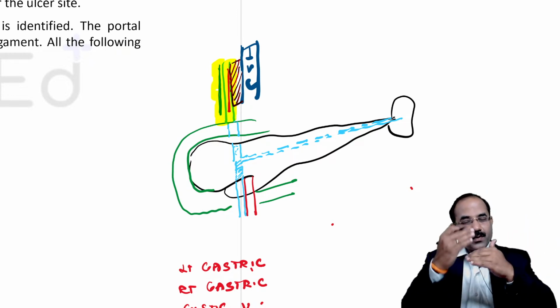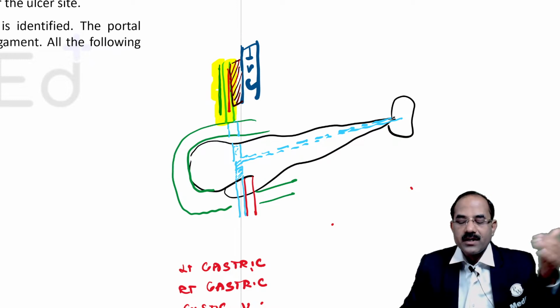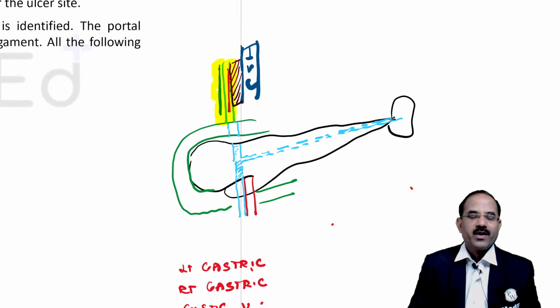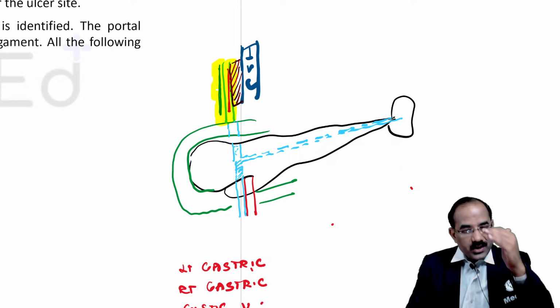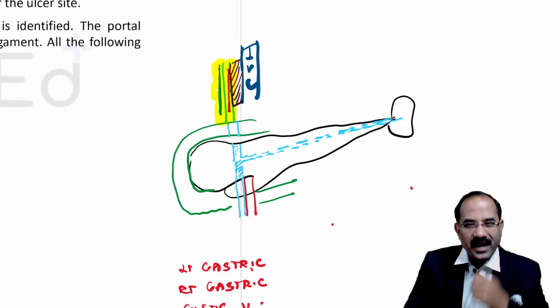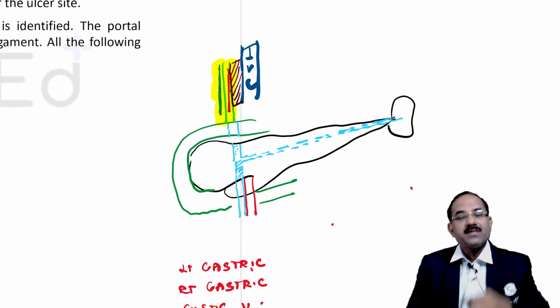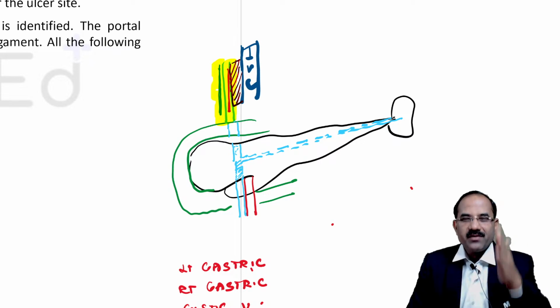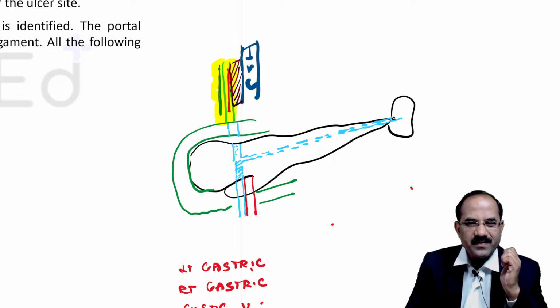And what lies between the portal vein and the IVC? There's a foramen. Yes, that's the epiploic foramen or the foramen of Winslow. Foramen of Winslow, right? Very good. And that's how the relations of the epiploic foramen work. What is the anterior relation? The anterior relation of the epiploic foramen is the lesser omentum containing the hepatic artery, portal vein, and bile duct.